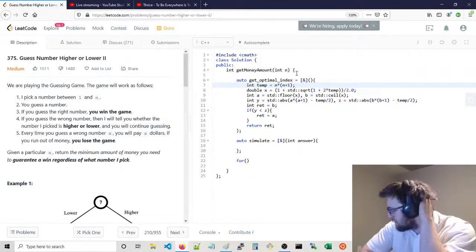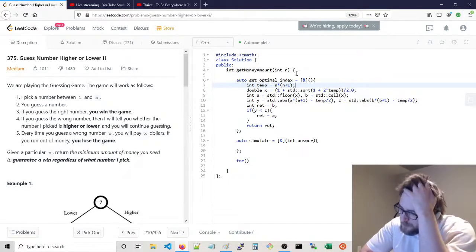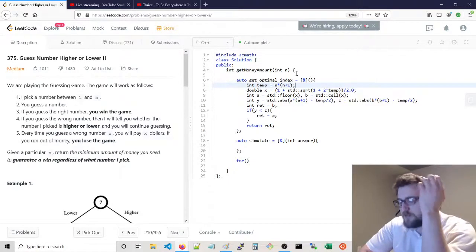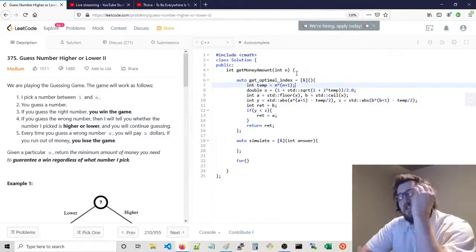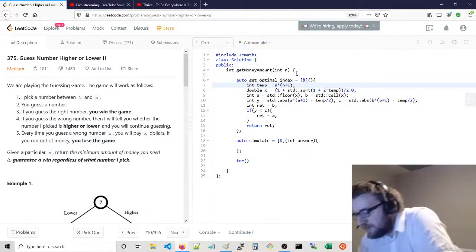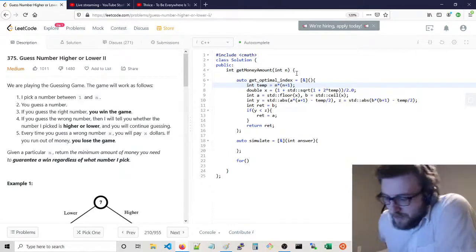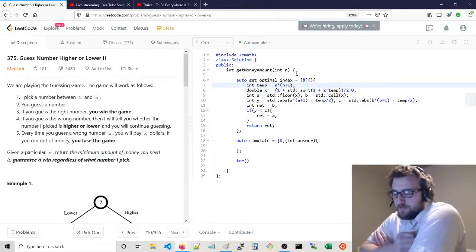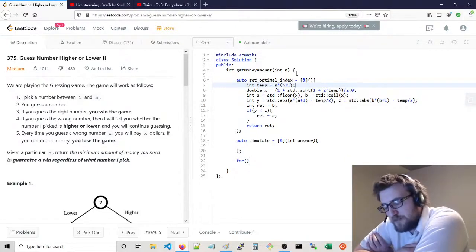Yeah, I guess we're finding the roots of this polynomial. And it's not just a polynomial, it's a quadratic polynomial.